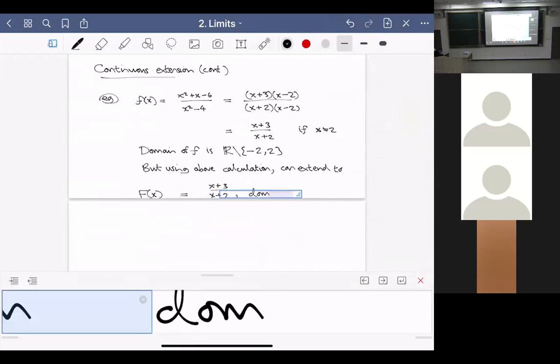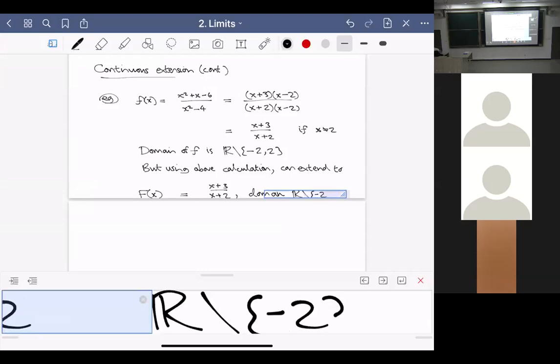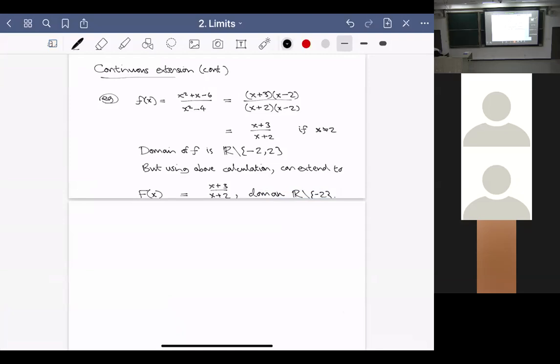So this now has domain R with minus 2 removed. Because if x is minus 2, then x plus 2 is 0.